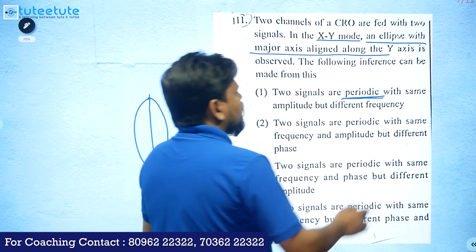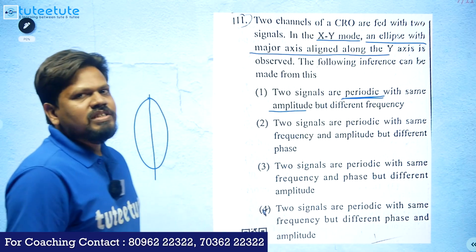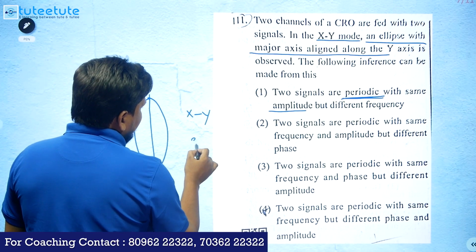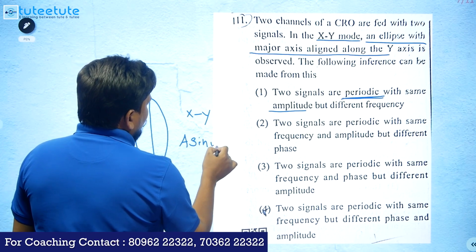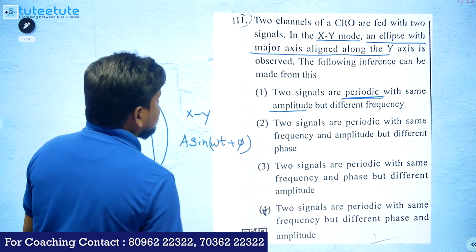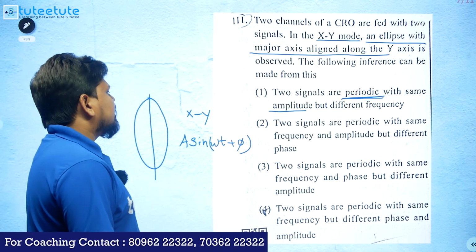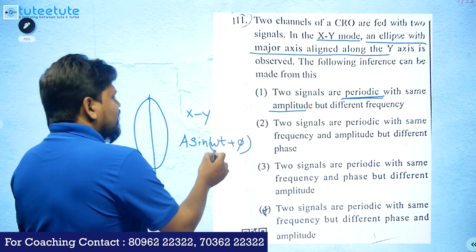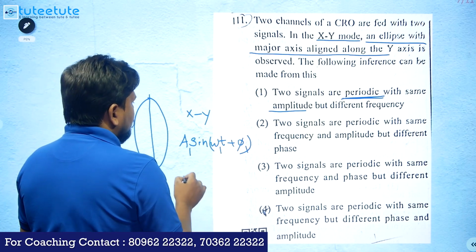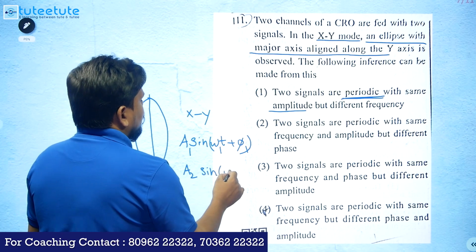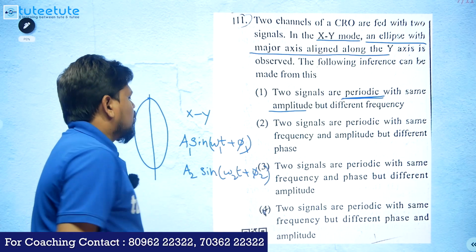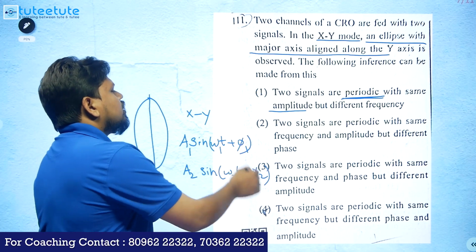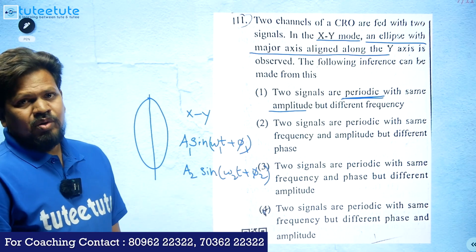In XY mode, we consider one signal as a1 sin(omega1 t plus phi1) and the other as a2 sin(omega2 t plus phi2). Is a1 equal to a2, omega1 equal to omega2, and phi1 equal to phi2? They are asking these relations. No need to do it like this.